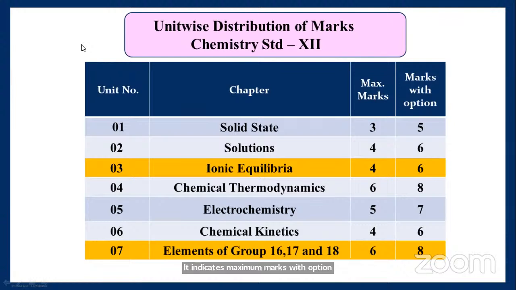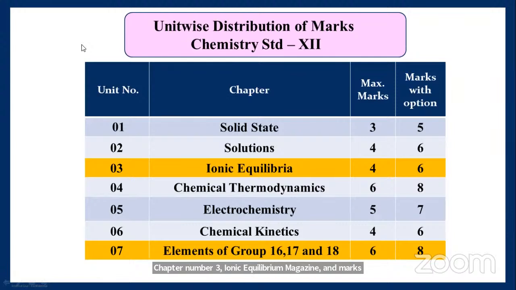Hence, unit number 1, solid state, 3 maximum marks, and along with option, 5 marks. Chapter number 2, solutions, maximum marks 4, and marks with option 6. Chapter number 3, ionic equilibria, maximum marks 4 and marks with option 6 marks.